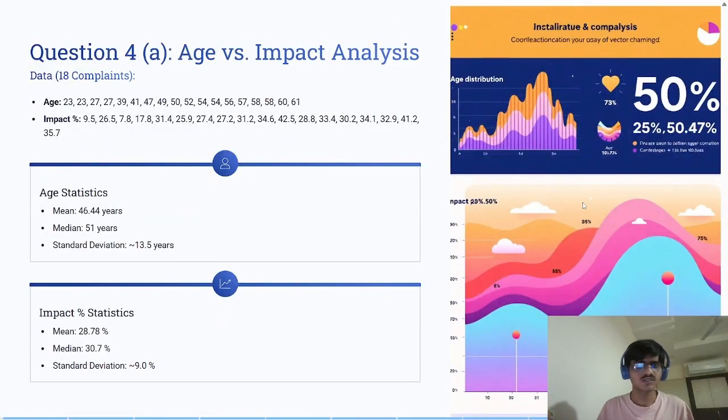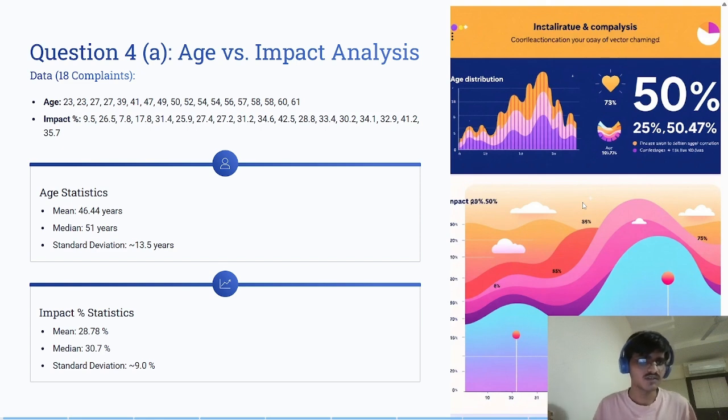Now coming to the fourth question. The fourth question has given us some records about complainant age and self-assessed incident impact for 18 complaints, and we have to compute the mean, median, and standard deviation for age and impact percentage.